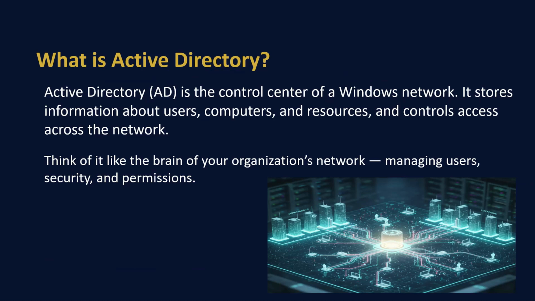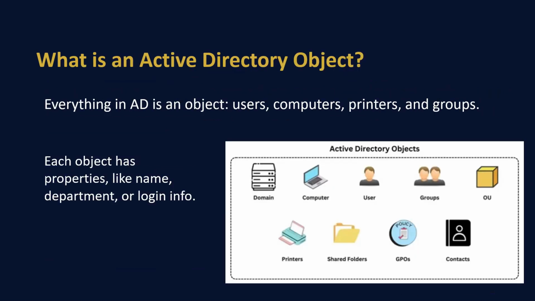To actually manage everything in the network, Active Directory uses something called an object. In AD, almost everything you interact with is an object. Users, computers, printers, groups, even organizational units are objects. They're just container objects that hold other items. Each object has its own set of details or properties.